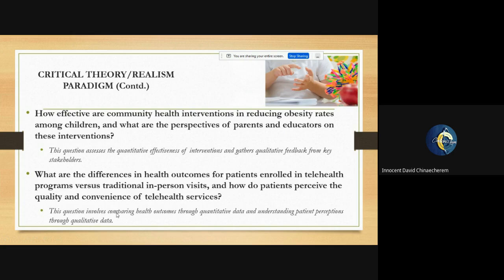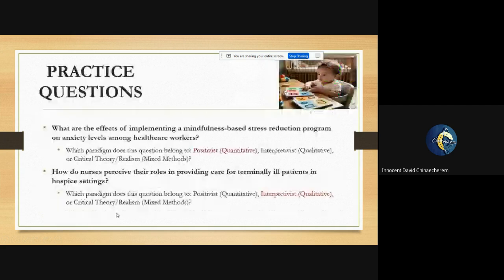With the knowledge we've gotten from here, we will now need to know which framework is suitable for which particular design, because so many of us out there need to understand that if you're doing your PhD and you're doing your systematic review, one question you might be asked is, what type of systematic review are you doing? Are you doing a qualitative systematic review, a quantitative, or a mixed method systematic review? These things are very important to understand. Now let's look at our practice questions here.